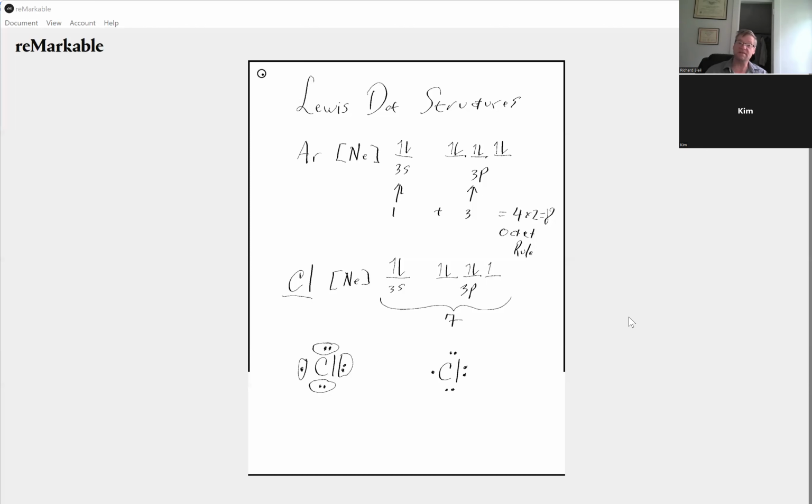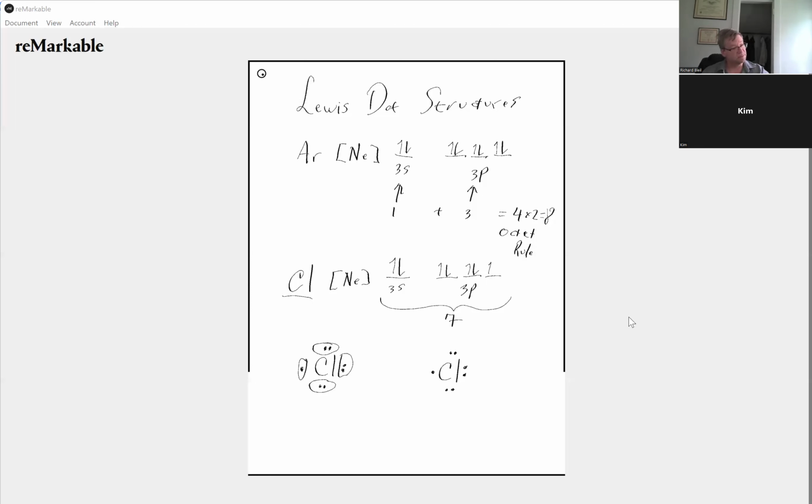These represent the valence shell electrons. And this is also why Lewis dot structures are kind of limited. Typically, you do not do Lewis dot structures for transition metals.